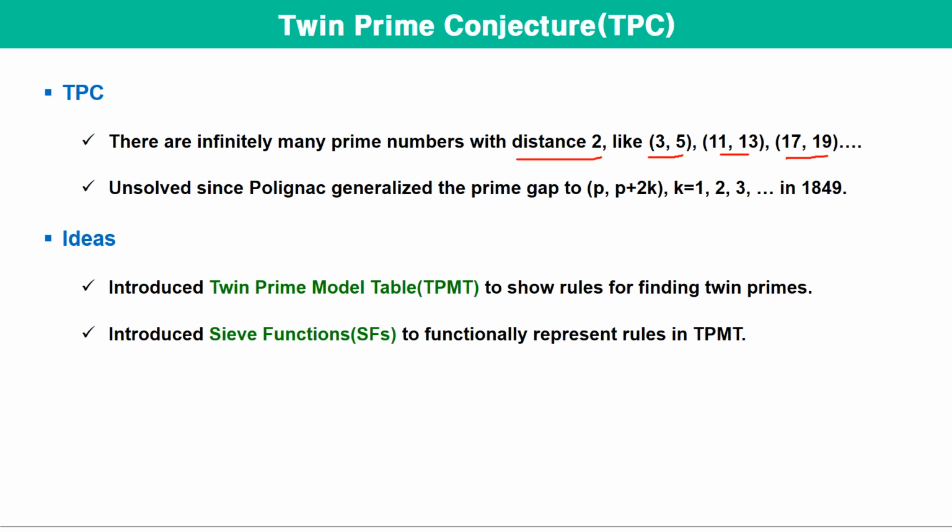It is unsolved since Polignac generalized the prime gap to K in 1849. Our ideas are: we introduced the twin prime model table (TPMT) to show rules for finding twin primes, and introduced Sieve functions to functionally represent the rules in TPMT.